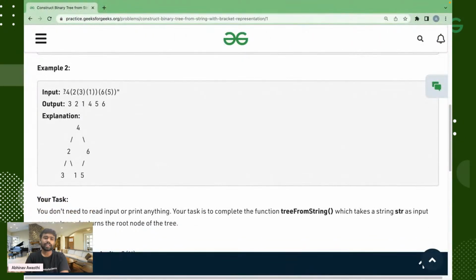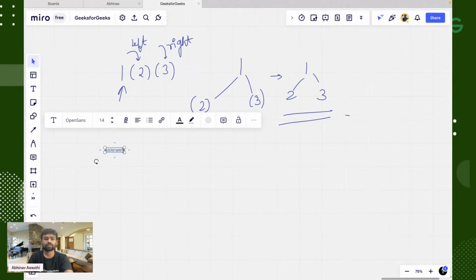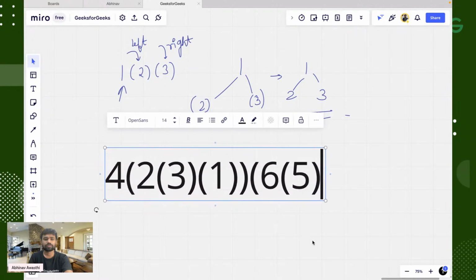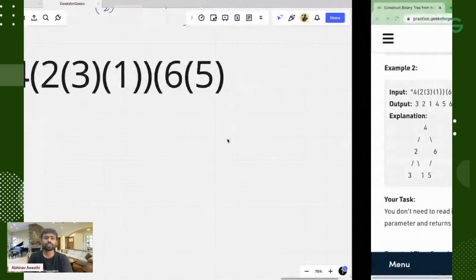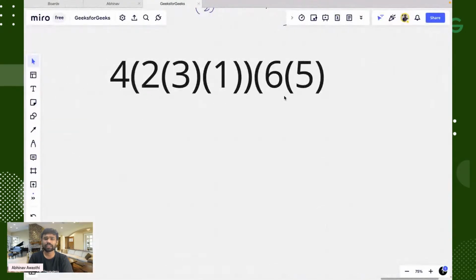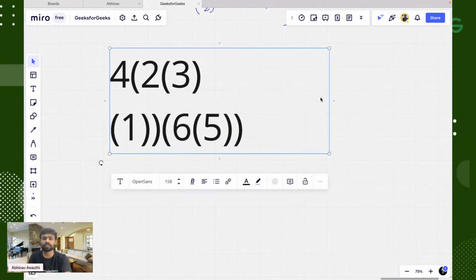Similarly, if we take this second case and copy this particular case, you can see one thing here. I think one bracket is what I missed. Here it should be one more closing bracket.